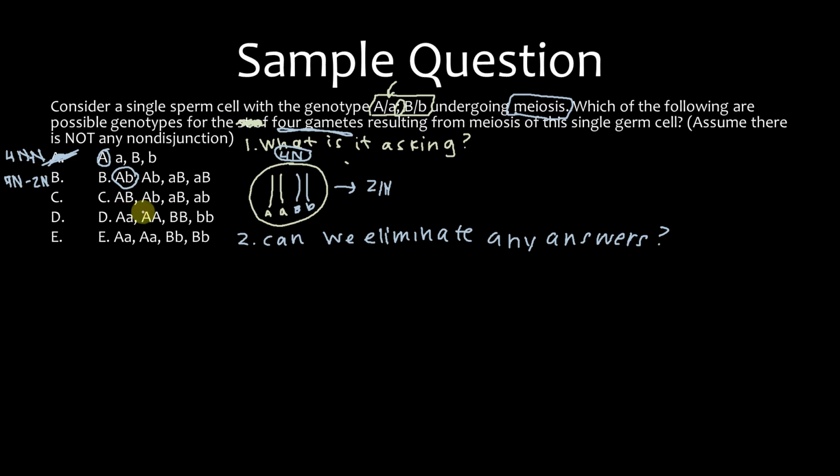So in C, what can we notice? I'm looking at this on a meta level. Here in B and E, we have 2 things that are the same. All right, so these 2 are the same, these 2 are the same. In B, these 2 are the same, these 2 are the same. In C, they're all different. Well, how could they all be different if we're all dividing in half?